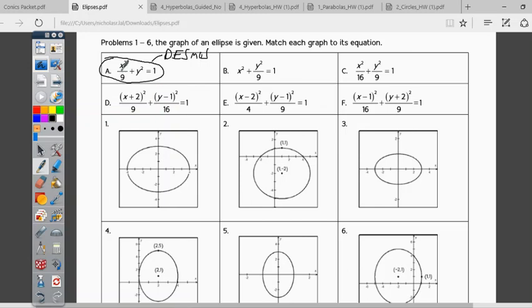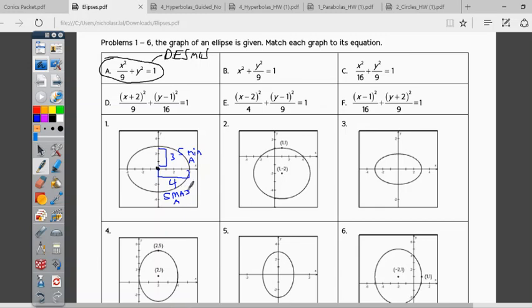Alright, so problem 1 has a center at 0, 0, so it has to be either A or B or C. Now we see that the semi-major axis has a length of 4, and 3 is the length of the semi-minor axis.